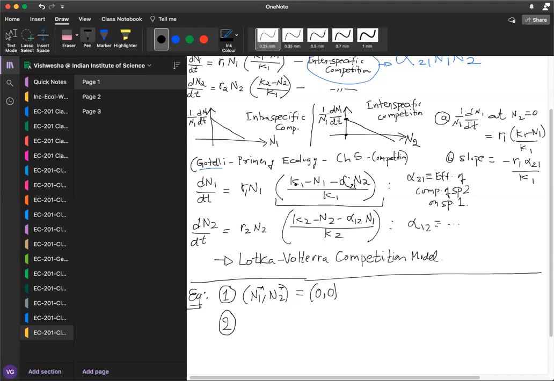How can the term in the bracket be 0 now? N2 is anyway 0, so we just have K1 minus N1 divided by K1. And that can be 0 when N1 is equal to K1. So intuitively, this just corresponds to the fact that species 2 is absent and species 1 is at its carrying capacity, K1. So this is equilibrium 1, and there is a comma.